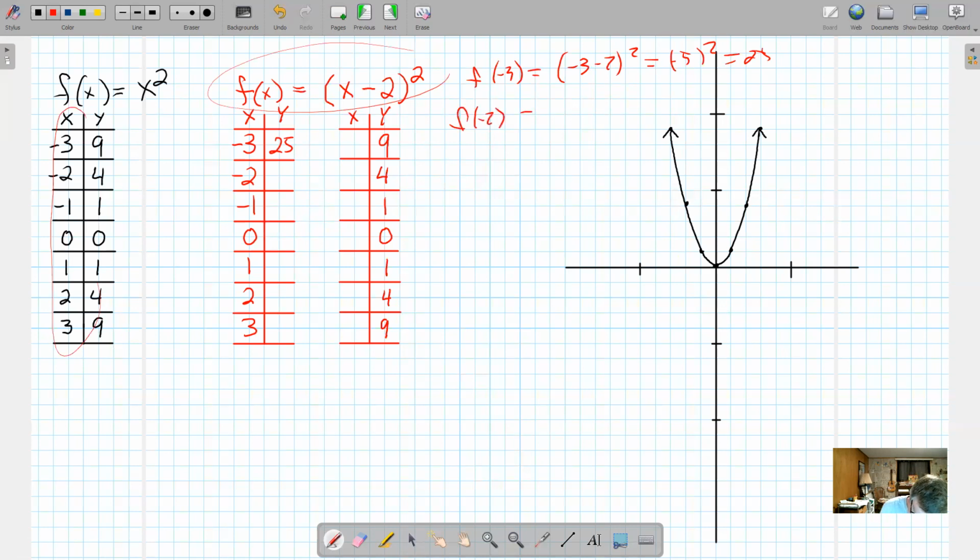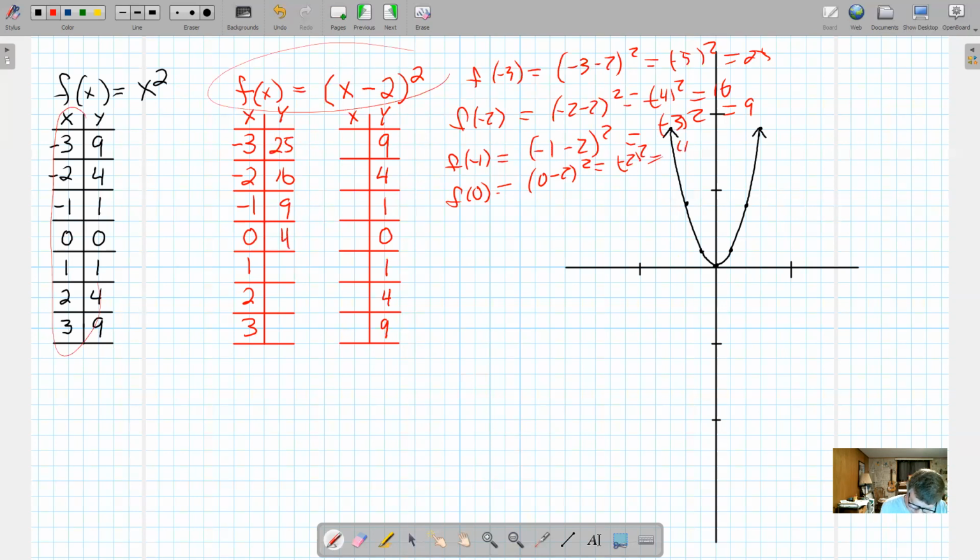All right, f of -2 would be -2 minus 2 squared, which is -4 squared, which is 16. F of -1 is -1 minus 2, the quantity squared, which is -3 squared, which is 9. F of 0 is 0 minus 2 squared, which is -2 squared, which is 4.